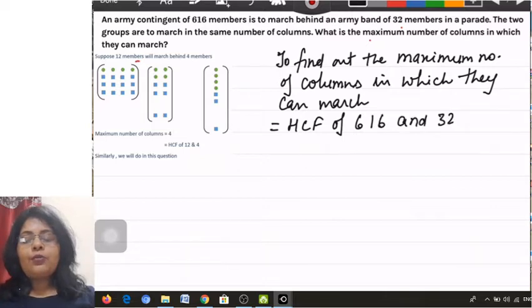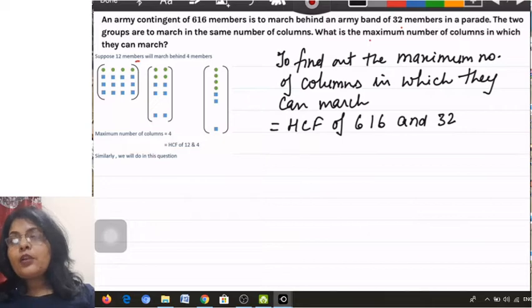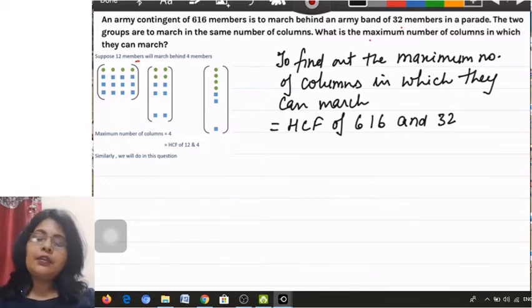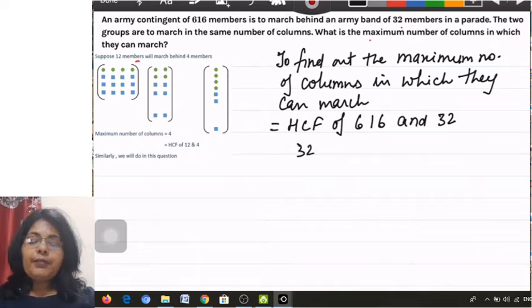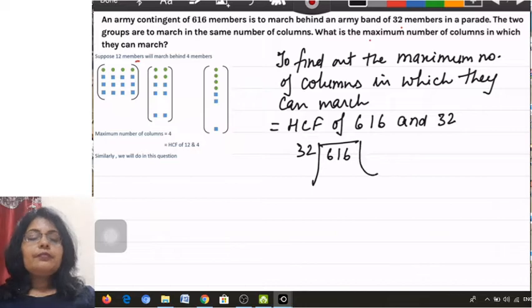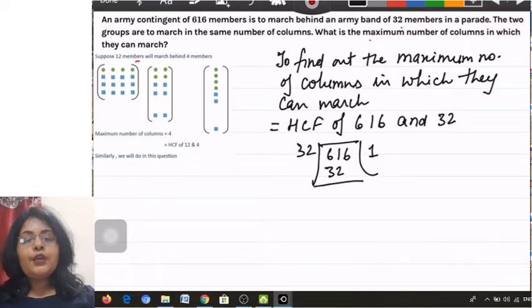Again I want to repeat the same thing. The smaller number will act as a divisor and the larger number will act as a dividend. So we will write simply here 32 ones are 32. Now 11 minus 2, what do we get? 9. And here 5 minus 3, 2.